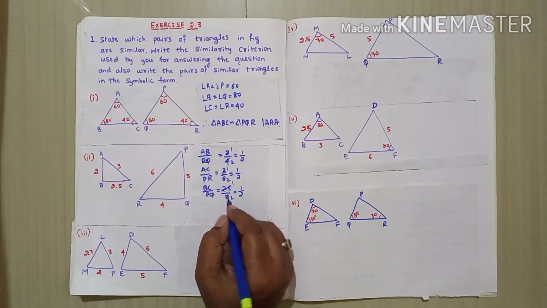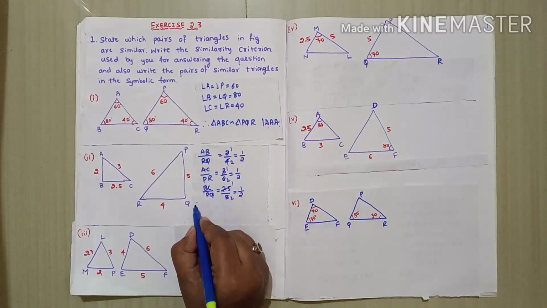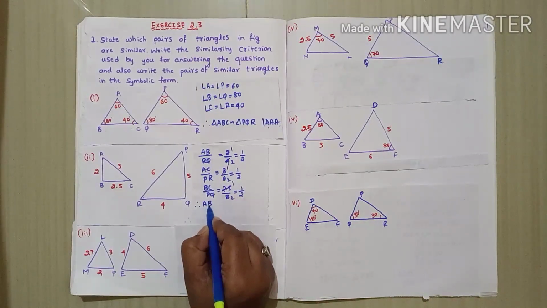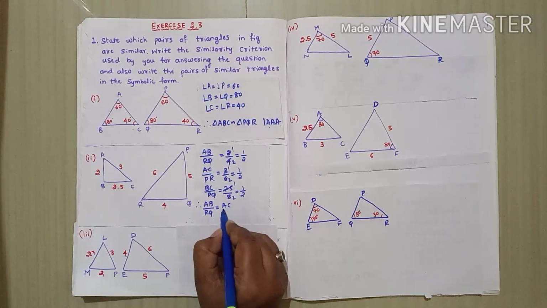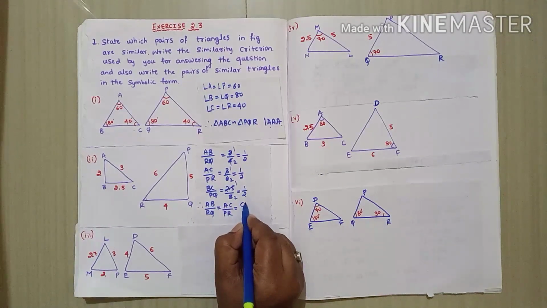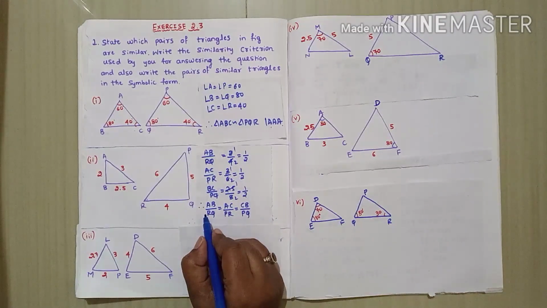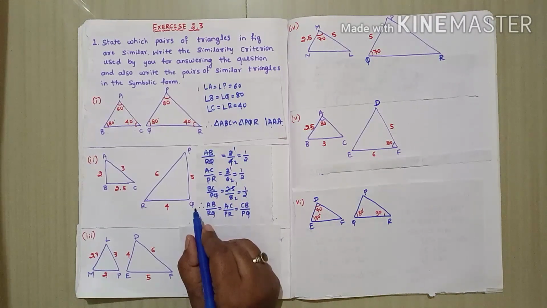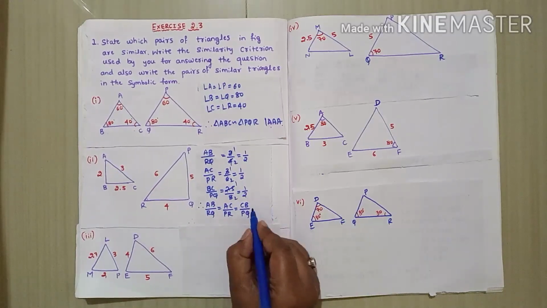Now see, corresponding sides are in the same ratio. Therefore, AB divided by RQ is equal to AC by PR is equal to BC by PQ. All the three sides of one triangle are proportional to all the three sides of the other triangle. Means the ratio of the corresponding sides is the same, equal to 1 by 2.